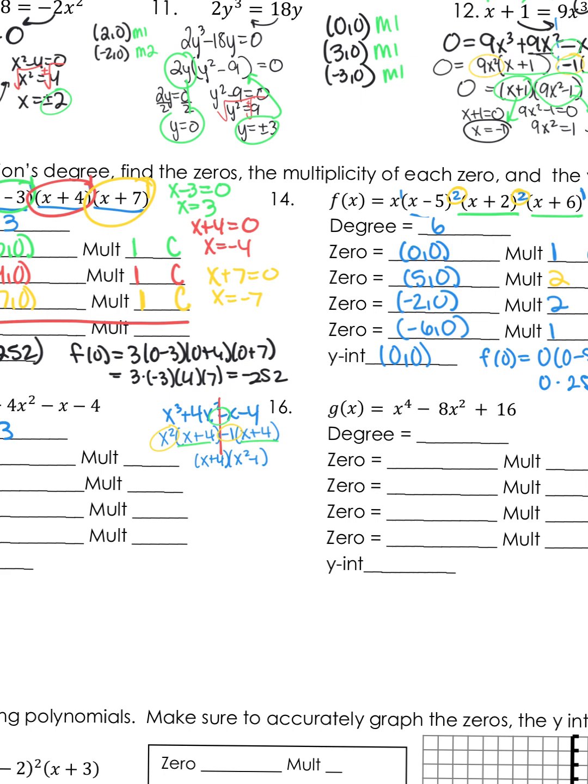So now that it's factored, you might be able to see this one will give you -4, 0, with a multiplicity of 1. This one you might need to set equal to 0 to finish solving that one. Square root both sides.